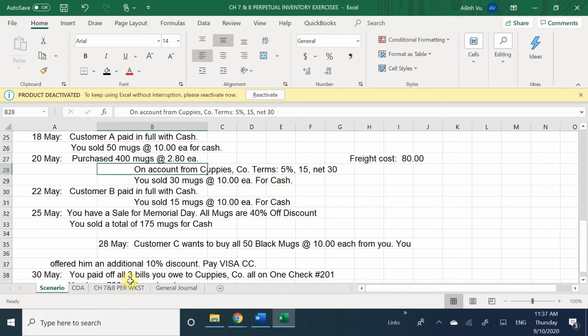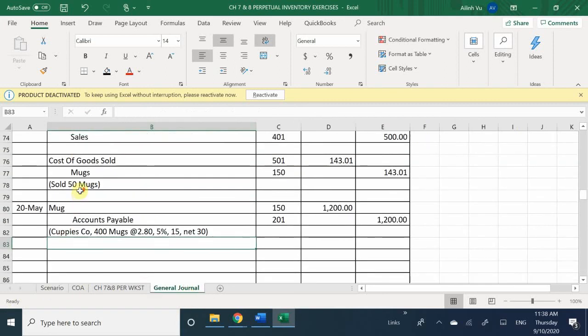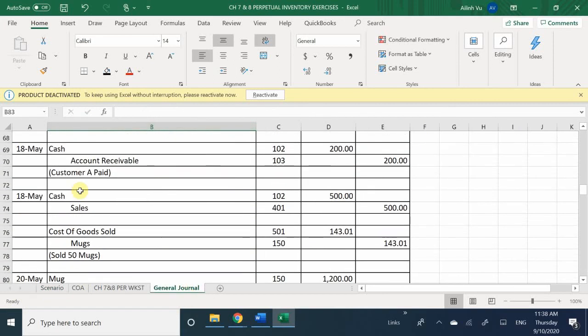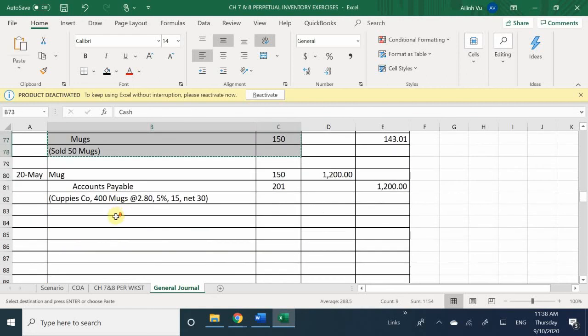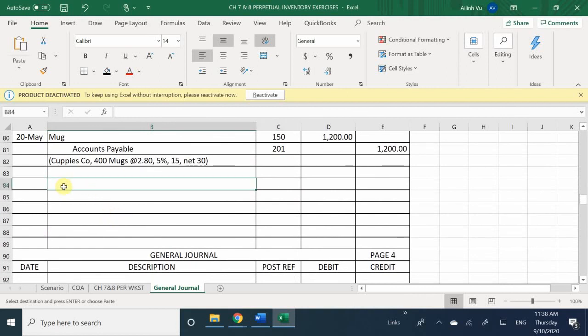Now what has happened next? Sold 30 mugs at $10 each for cash. Good. So we sold another 30 mugs for cash. So in this case, I'm going to go here. I'm going to copy this information. Ooh, we just made it to the end of our third page.